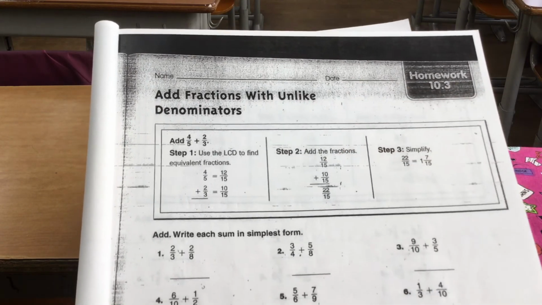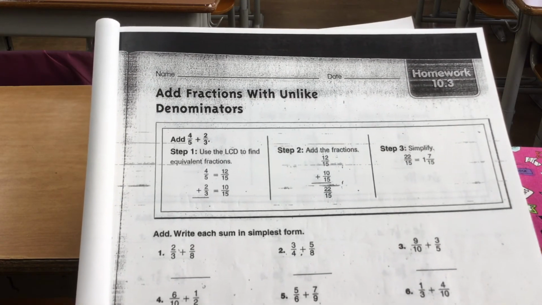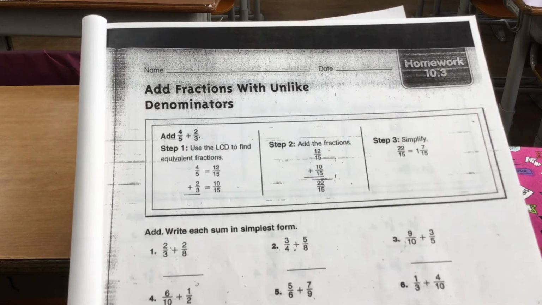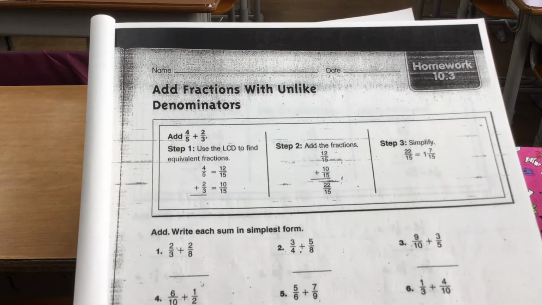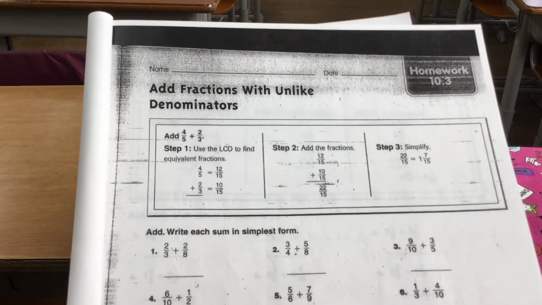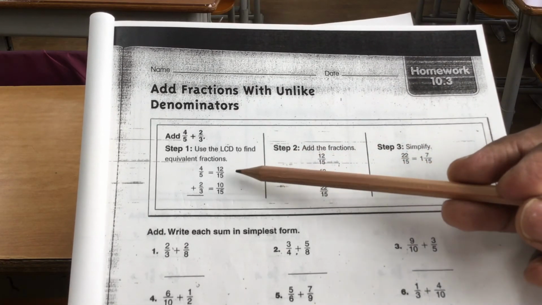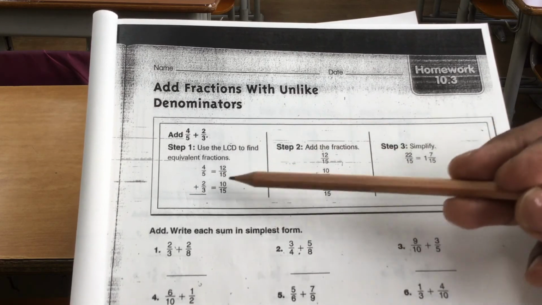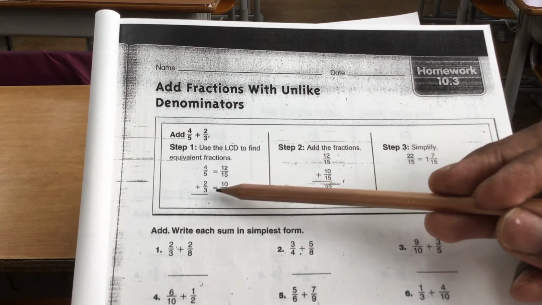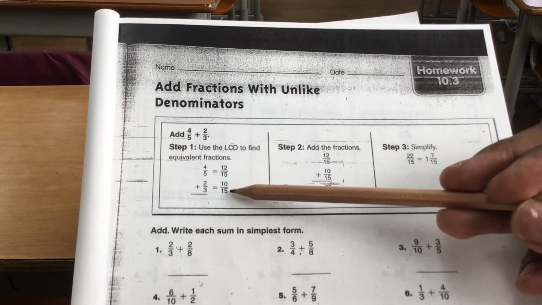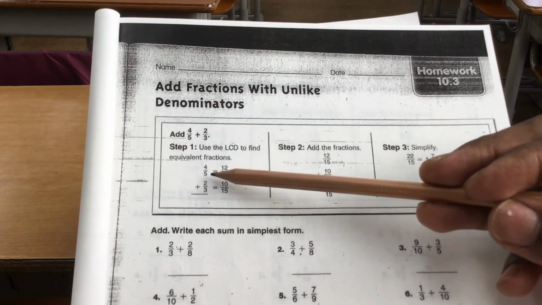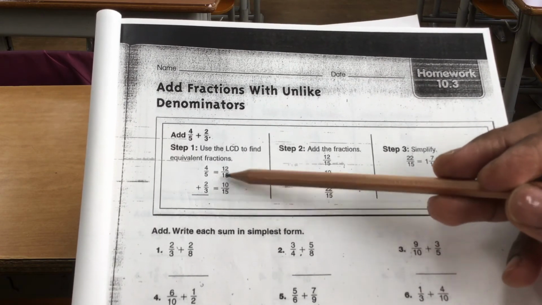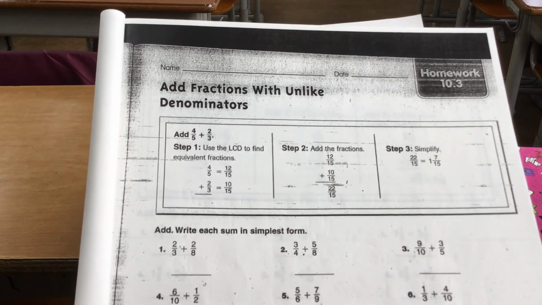It says to add 4/5 plus 2/3. Please remember the steps that I went over with you in the notes. Step 1, use the LCD to find the equivalent fractions, which they did. So 4/5 is equal to 12/15. 2/3 is equal to 10/15, right? So between 5 and 3, 15 is the common denominator.